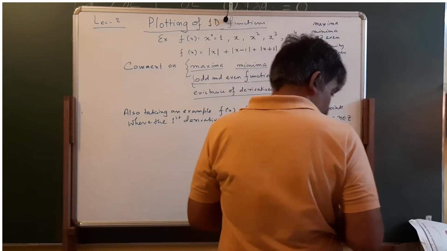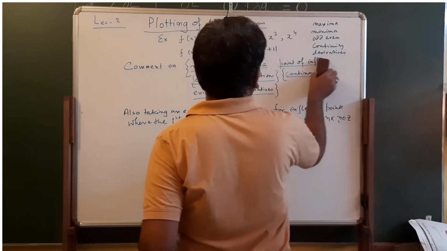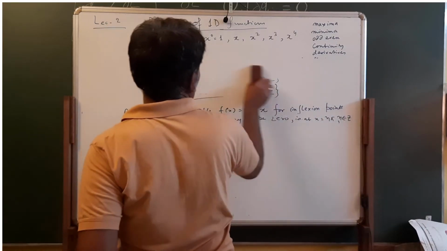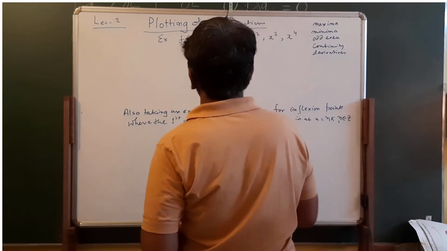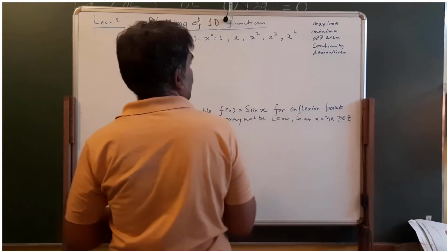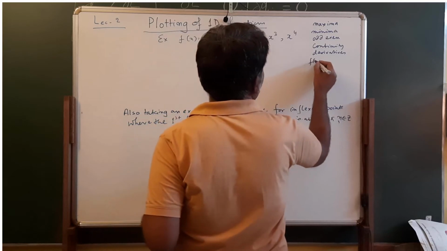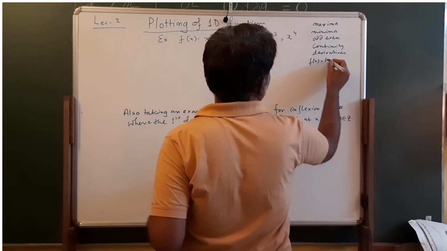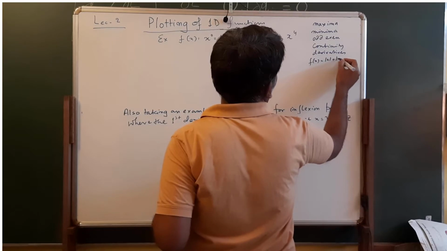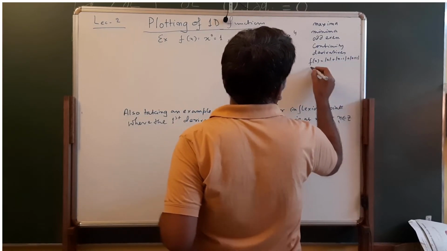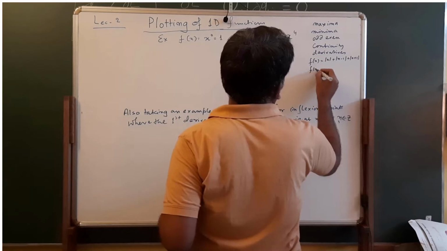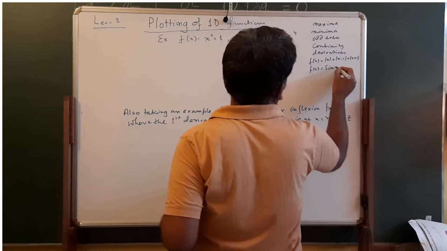Fine. So let me erase this part, and then these functions. All these functions: this is the second function, plus mod of x minus 1 plus mod of x plus 1, and f(x) equals sin x.